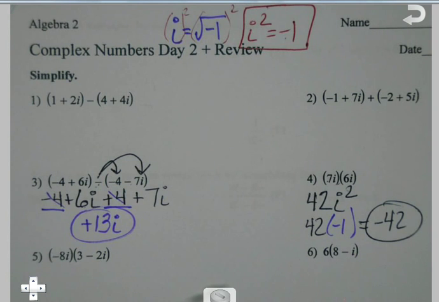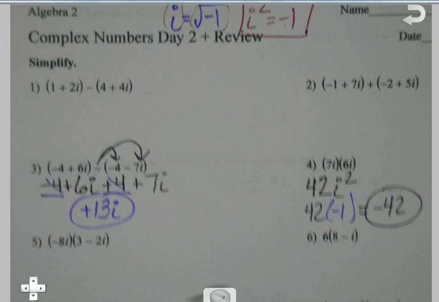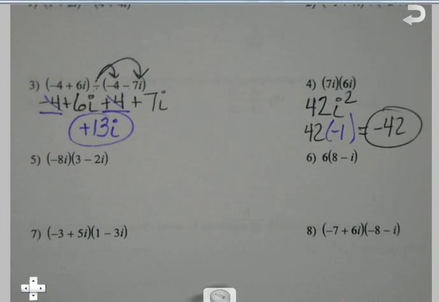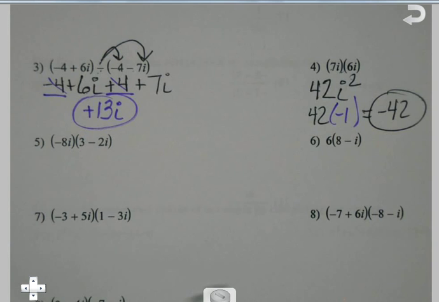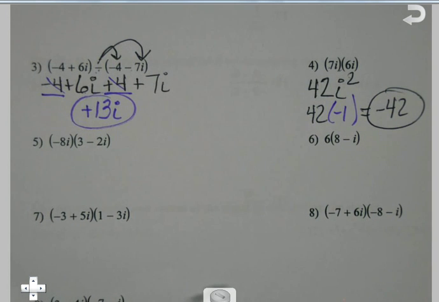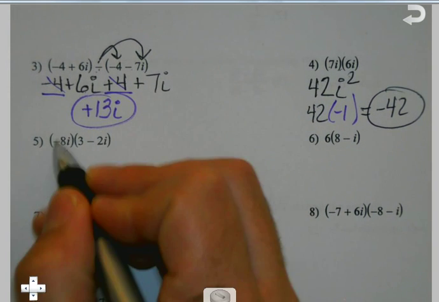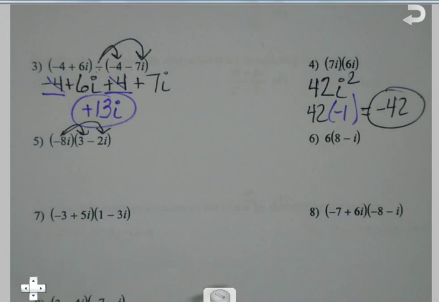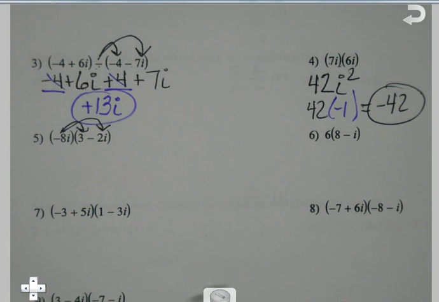Okay? So when we're multiplying, we really have to be cautious to see what's going on as far as those signs go. Let me bump up just a little bit here. So we're going to take a look at 5, and then I'm going to start bouncing around a little more. Now, 5, still multiplying, but now since there's 2 terms, okay, if we have 1 term by 2, we distribute just like we normally would.